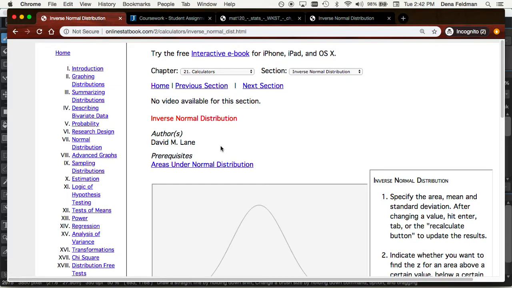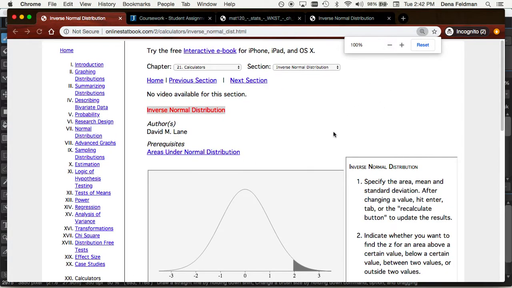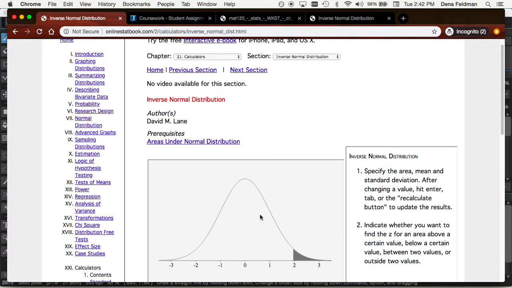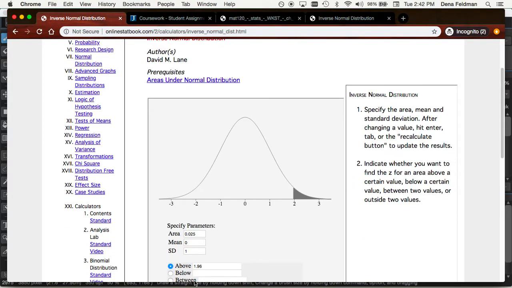So I click on it, and what opens up looks a lot like the normal distribution calculator from part A, used in class, but this time it says inverse normal distribution calculator. So it has, again, a picture and places where you can input things. And the instructions are here on the right side.